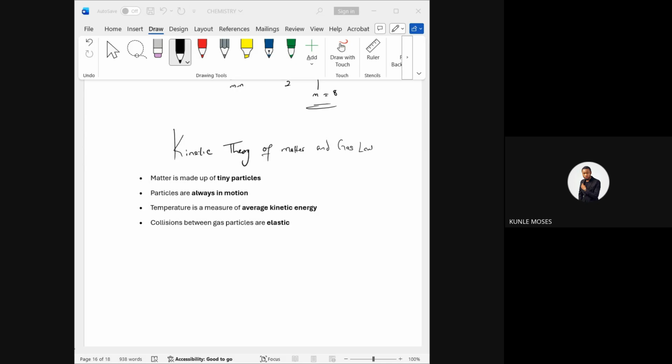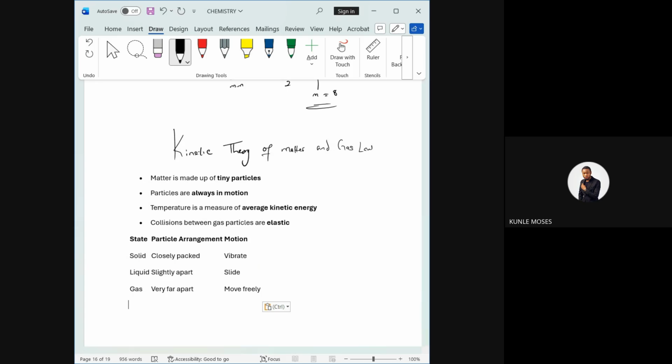And how do they behave in motion? Do they slide over each other? Do they vibrate? Do they move freely? So let me just quickly copy that for you, so I can quickly write that. So that's particle states and their motion.